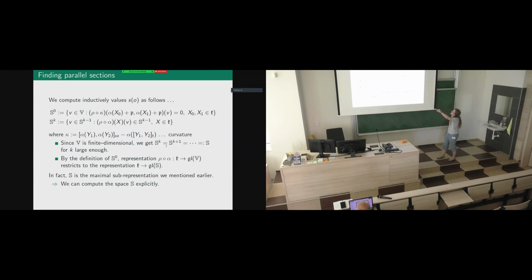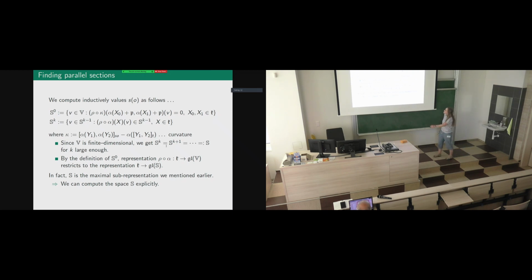Here this is not K but kappa. Here kappa is basically this term, and it is the curvature of the extension, just the curvature of the geometry at one point. And then going inductively, we apply this rho alpha again and again. And since V is finite dimensional, it stops for k large enough.